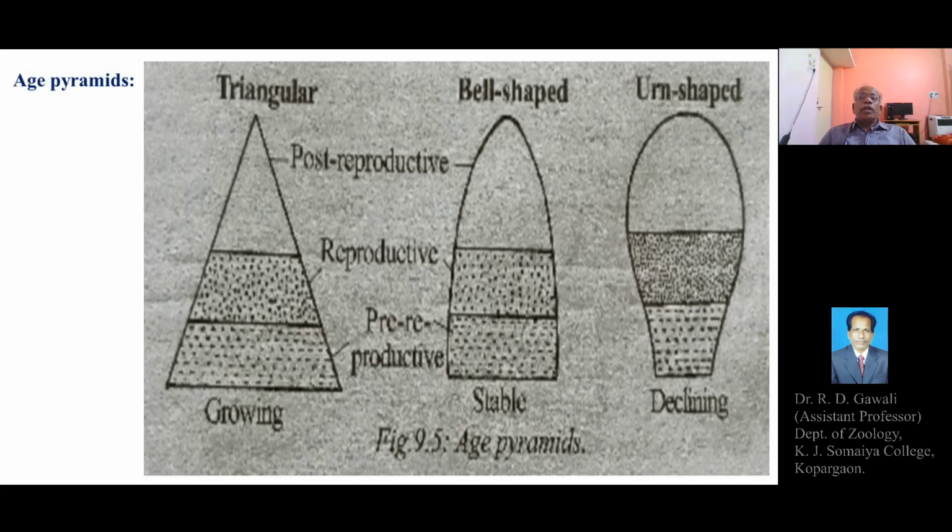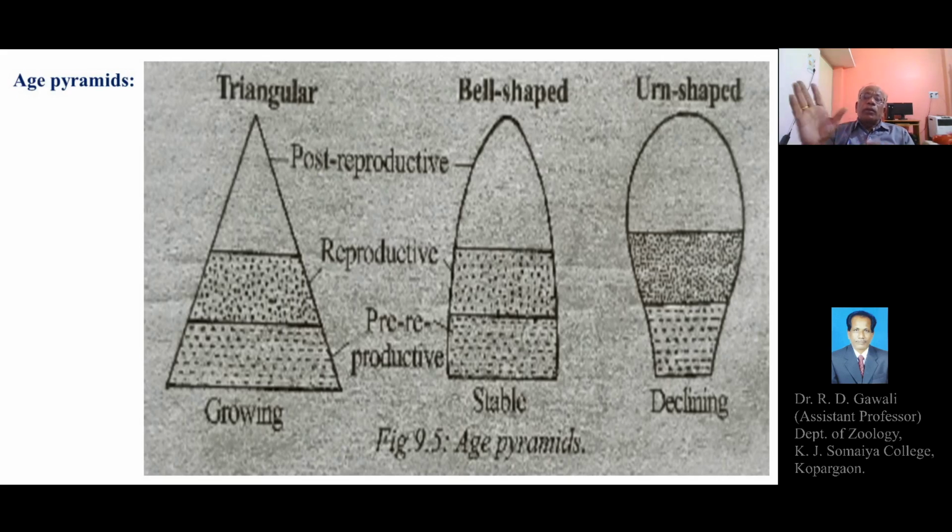In the third age pyramid, the shape is urn shaped, where the number of individuals of the pre-reproductive age group is very small, then there are more individuals in the reproductive age group and a large number of individuals in the post-reproductive, or old, age group.